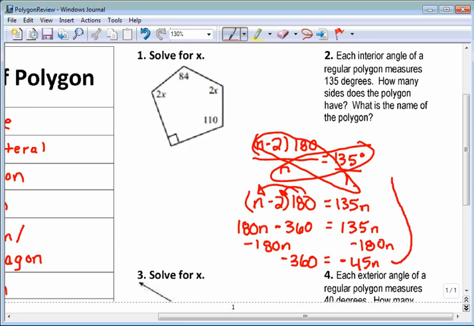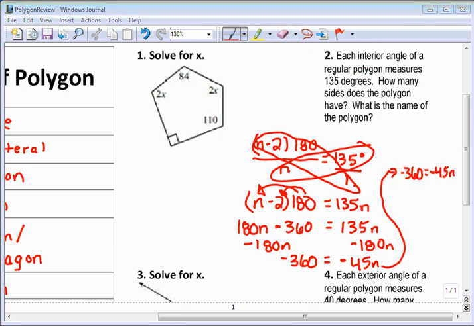I'm just going to carry this equation up here so that we can see our work. Now I need to divide both sides by the coefficient of our variable. So I'm going to divide both sides by negative 45.